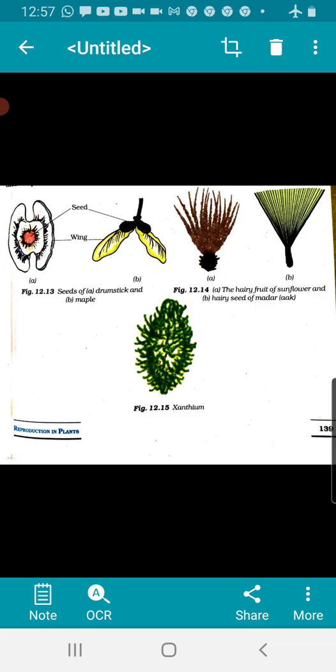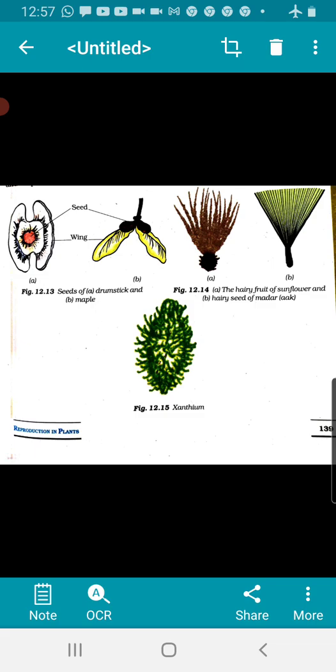In sexual reproduction, there is the fusion of male and female gametes, and the flower is the reproductive part of the plant. In flowers, there are unisexual flowers and bisexual flowers also. And then the pollination takes place, self-pollination and cross-pollination.